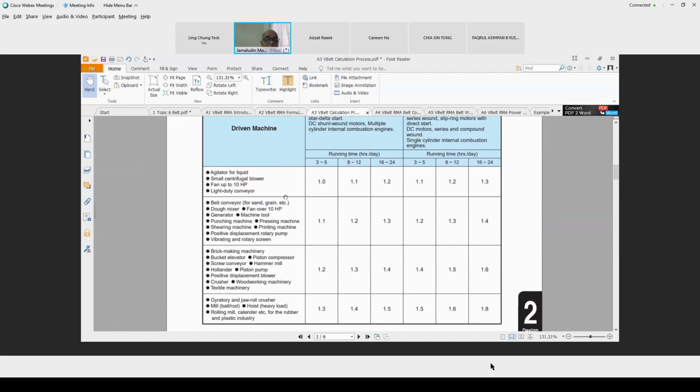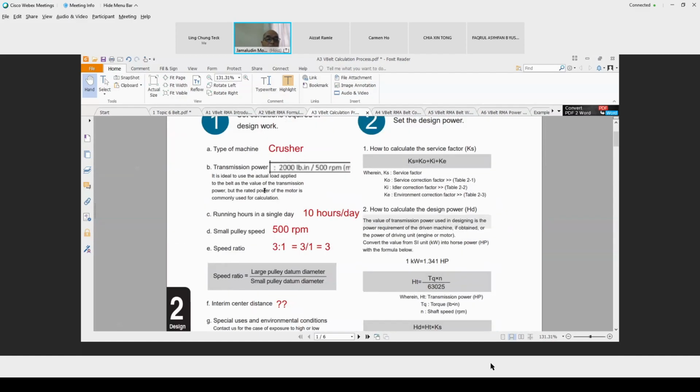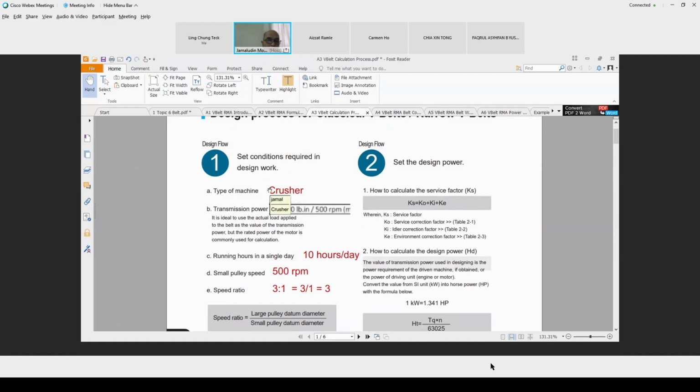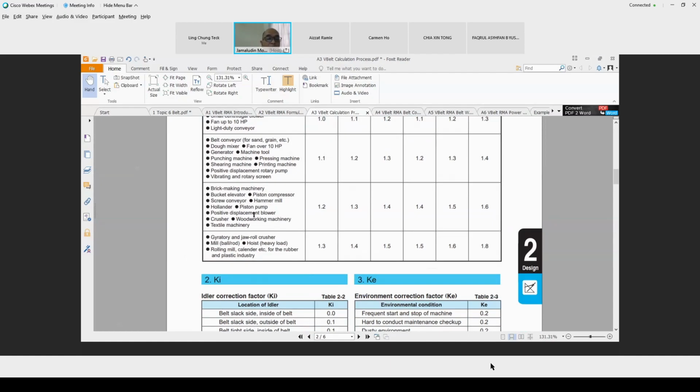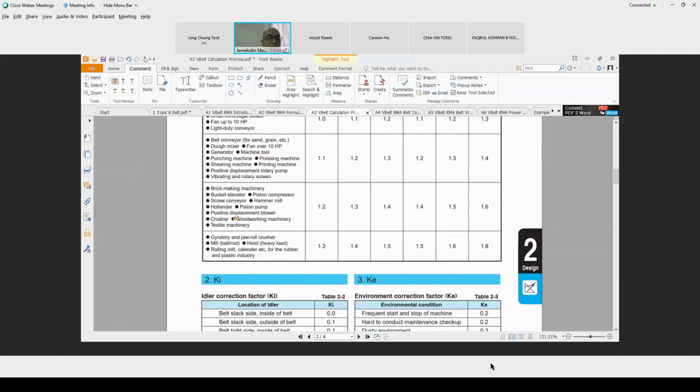What do you have here? This type of machine, we're going to crusher, right? Any crusher there? There will be crusher. That will be our machine.